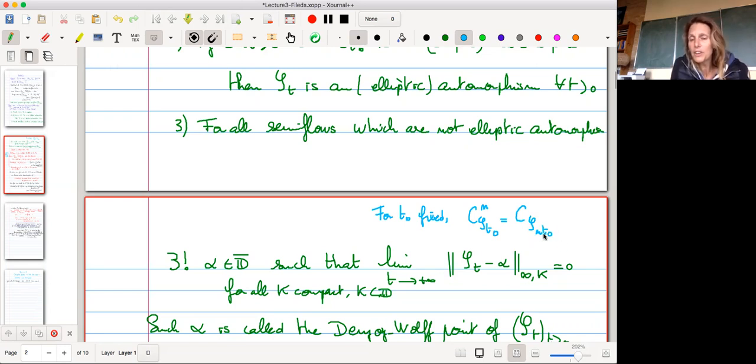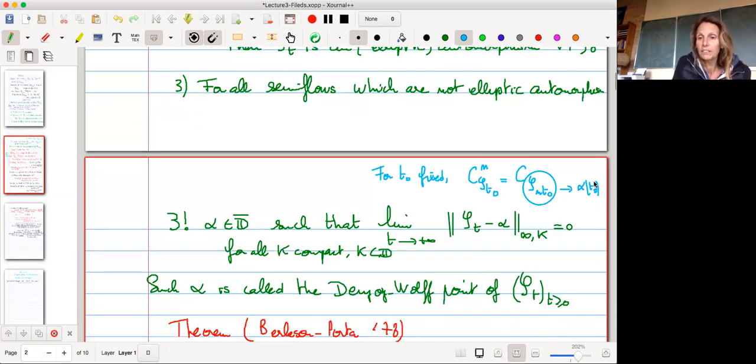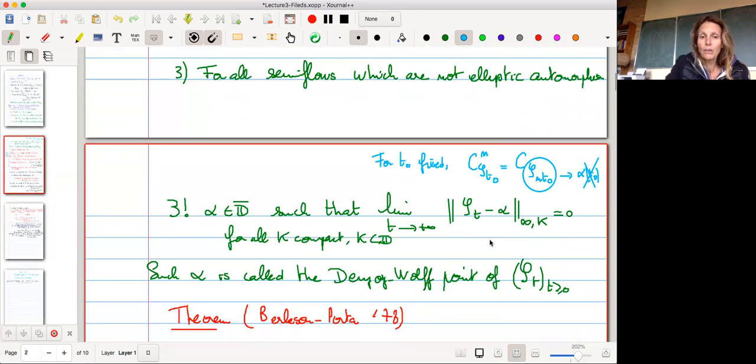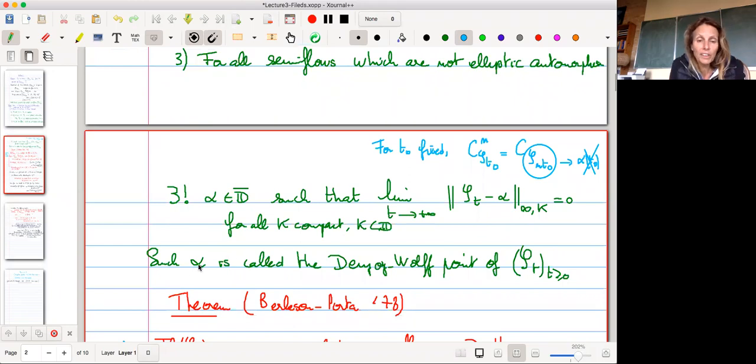And from the Denjoy-Wolff theory for just one composition operator, we know that this tends to one point called alpha, and that this alpha may depend on the point t0 you have chosen. But the Denjoy-Wolff theory for semigroups says that it does not depend on the t you take. In fact, it's independent of the choice of t0. So now this alpha is called the Denjoy-Wolff point of the semiflow.